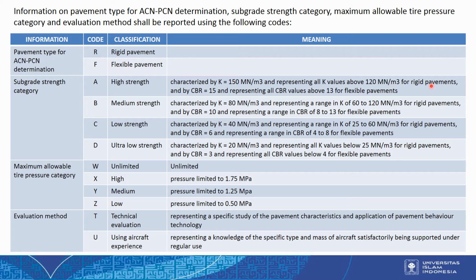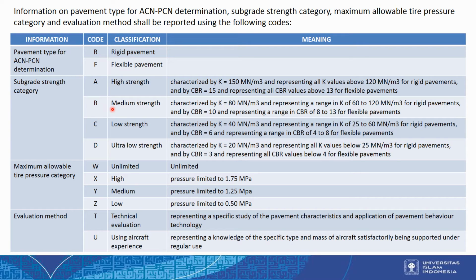And by CBR 15, representing all CBR values above 13 for flexible pavement. So the K is for rigid pavements and the CBR is for flexible pavement. So it depends on the pavement type for ACN-PCN determination: is it rigid pavement or flexible pavement?